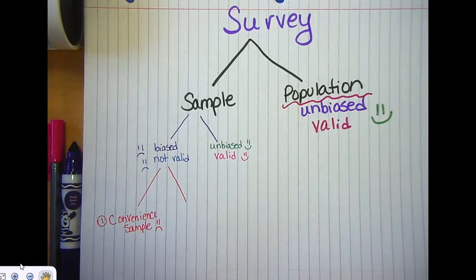Somebody that's convenient to the person that's collecting the data. So if you were trying to collect information about who in Ringgold would like a fast food restaurant, and you just went to the playground one morning for 30 minutes, do you think you're going to get valid data? No. You need to make sure that you go to several different places, several different times a day, several different days of the week, right?